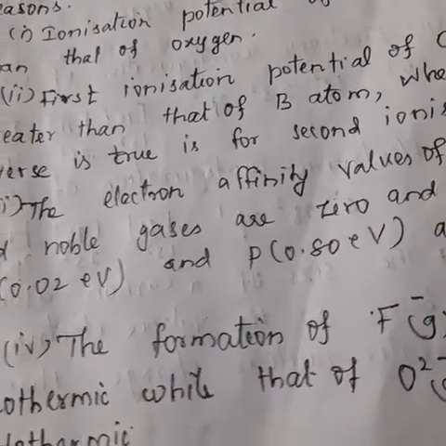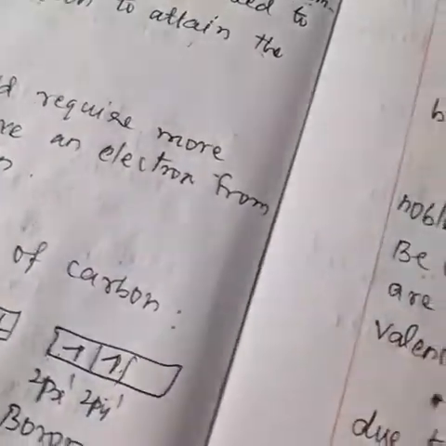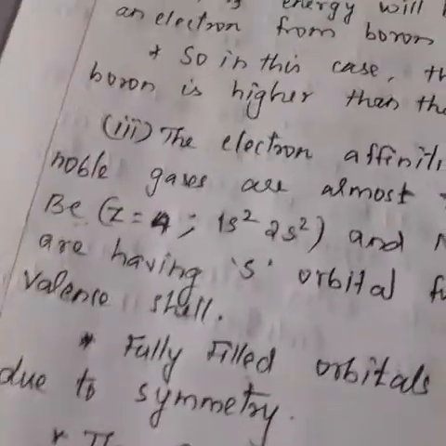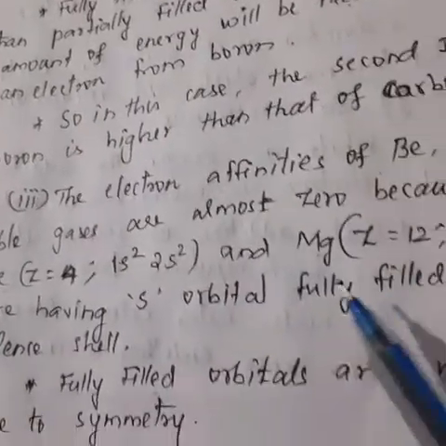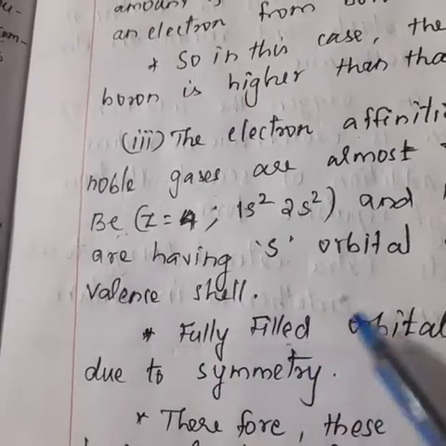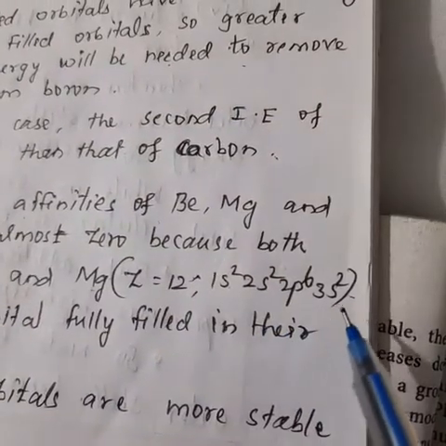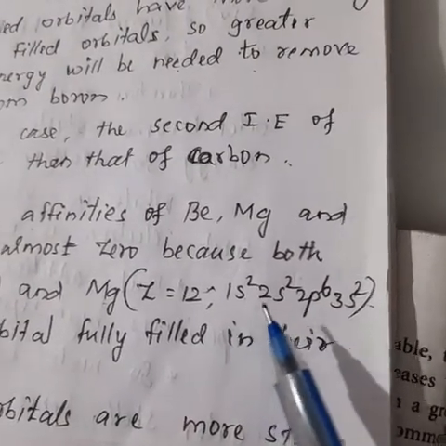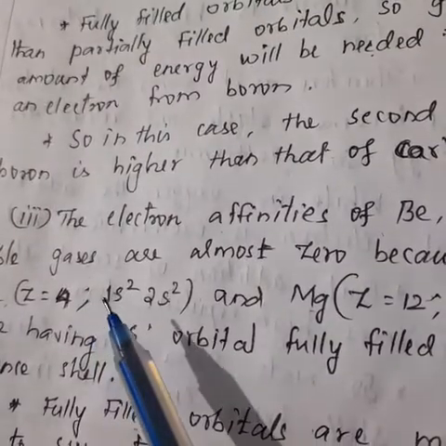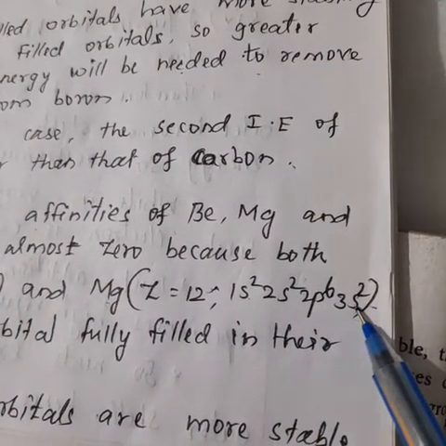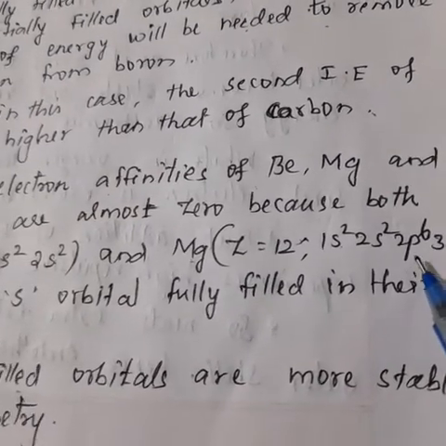What is the reason? The electron affinity of beryllium, magnesium and noble gases is almost 0, because beryllium has a completely filled configuration, and magnesium also has a completely filled one. Beryllium is 1s2 2s2, where 2s2 means the 2s orbital has 2 electrons. Magnesium is 1s2 2s2 2p6 3s2, with the s orbital fully filled.